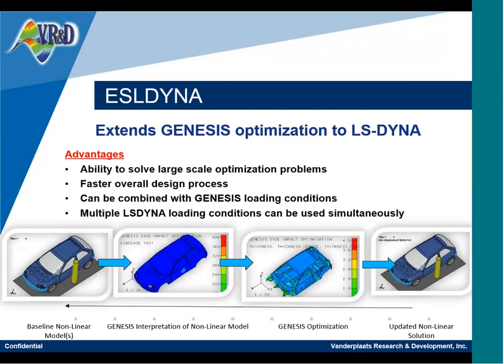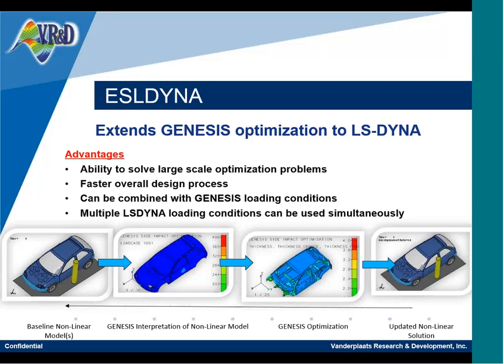Another one of our products is called ESL Dyna. It is an extension of the Genesis optimization capabilities to LS Dyna, which is a nonlinear analysis code. The advantage of using ESL Dyna versus other optimizers out there is the ability to solve very large-scale problems.